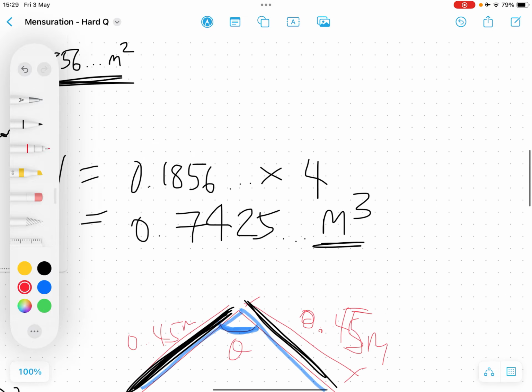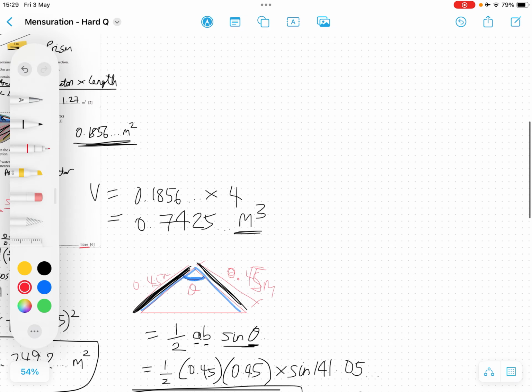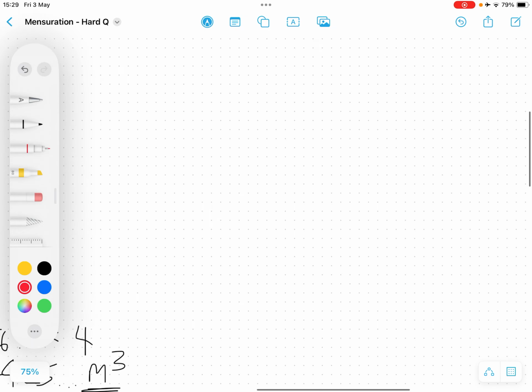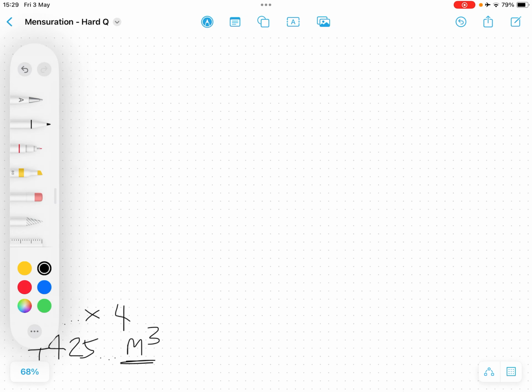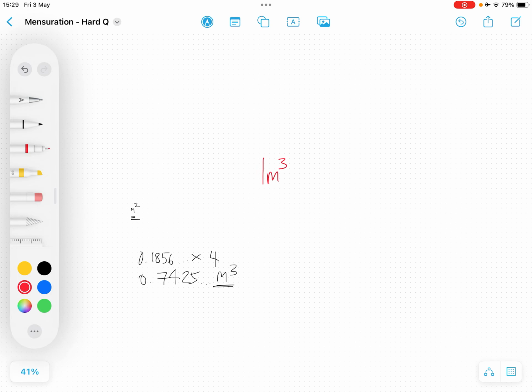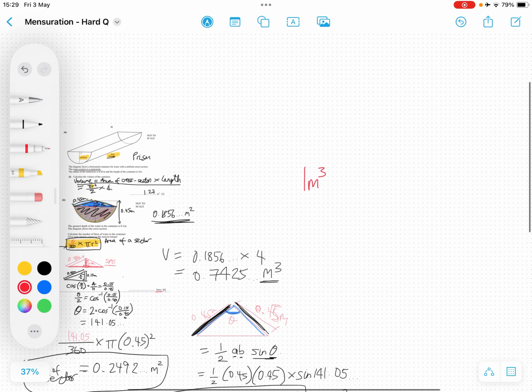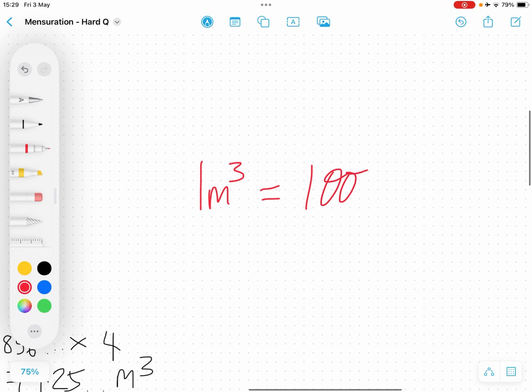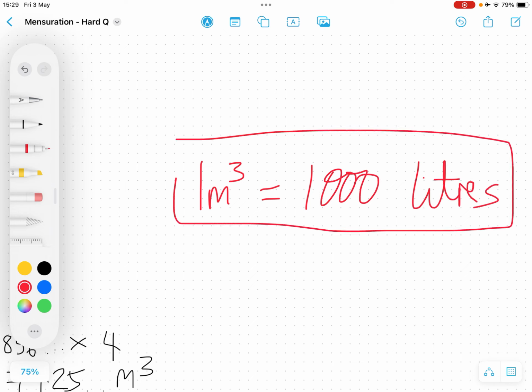So we need to convert the meters cubed into liters. So this is another thing you should know. 1 meter cubed, 1 cubic meter, is equal to 1,000 liters. This is a fact which you should know for the IGCSE exam.